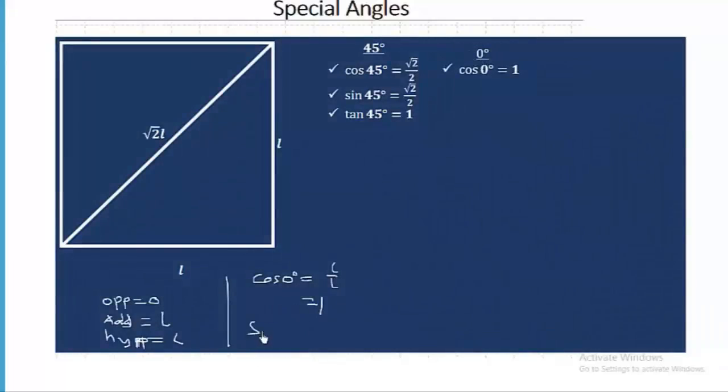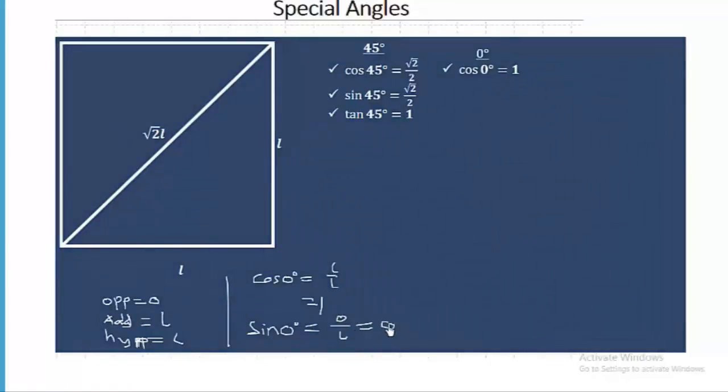Then sin 0 degrees will be equal to opposite, which is 0, over the hypotenuse, which is L, and this will give us 0. So sin 0 degrees is 0. Then we find tan 0 degrees.